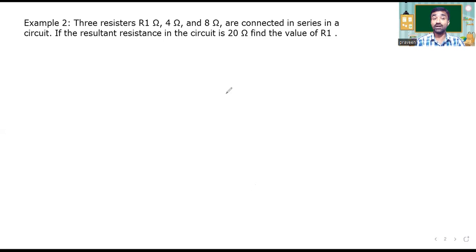But the equivalent resistance is already given to you in the question. Look at this: if the resultant resistance in the circuit is 20 ohms, in which combination they are connected, you need to observe. Here they are connected in series combination.